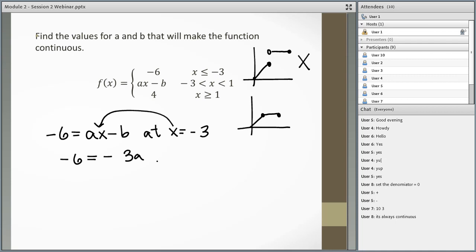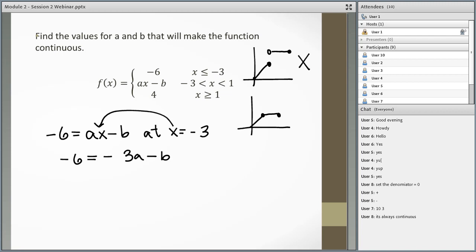So I'd have -6 equals -3a minus b. I plugged in -3 for x, and so I just moved the -3 to the front. So all I did there was plug in x equals -3.